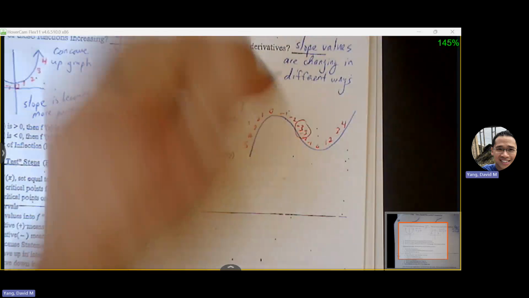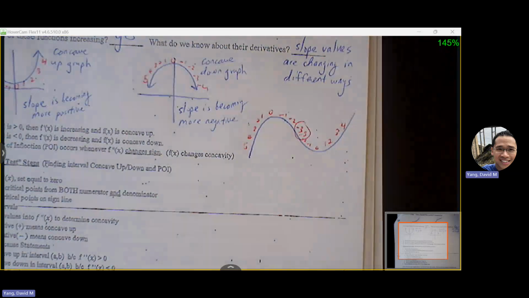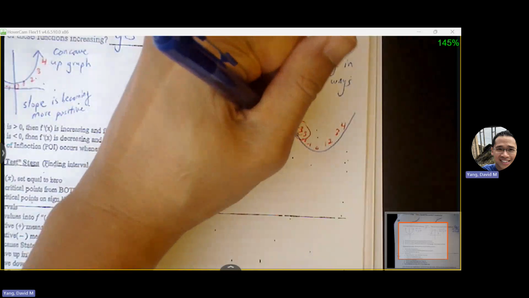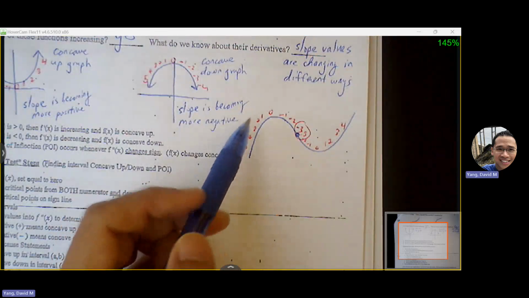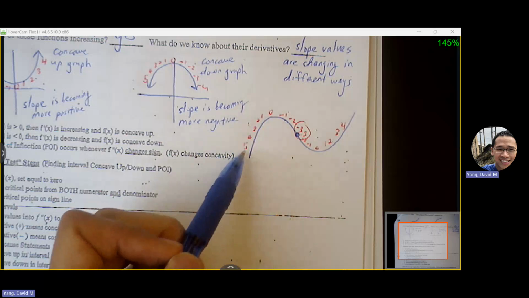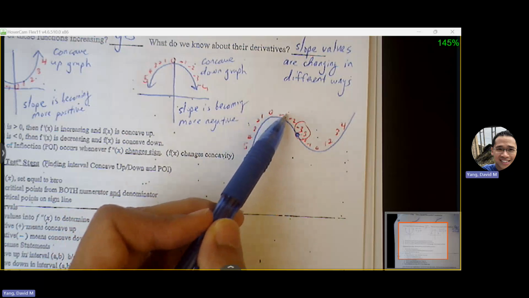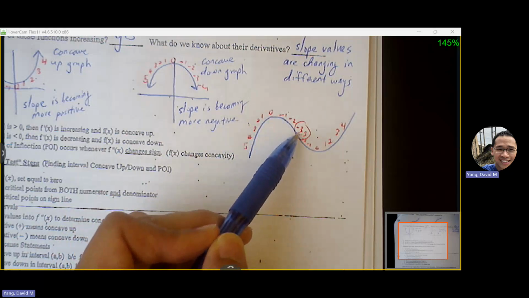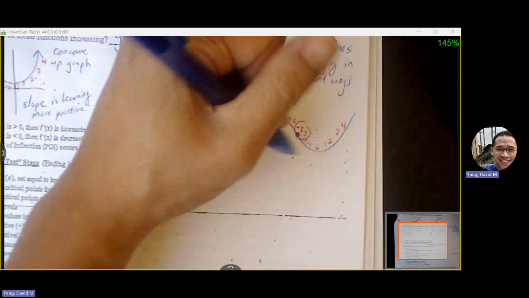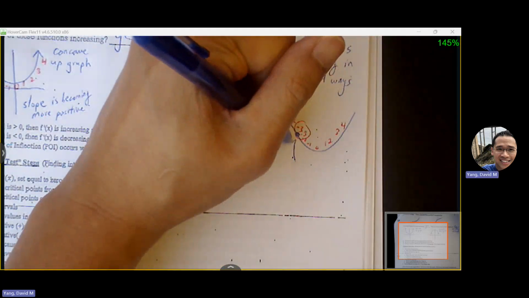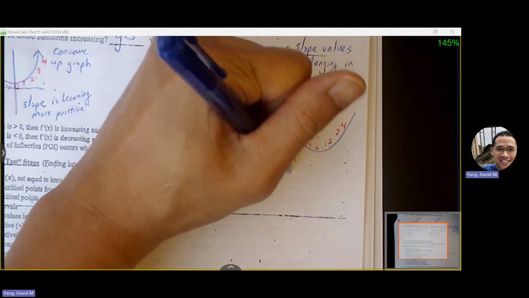So you see here that there's a point when there is this change where the graph starts moving in the opposite direction, right? This is moving towards a negative number, but then it's going to eventually stop and move towards a positive number. And that change in concavity is what we call a point of inflection.